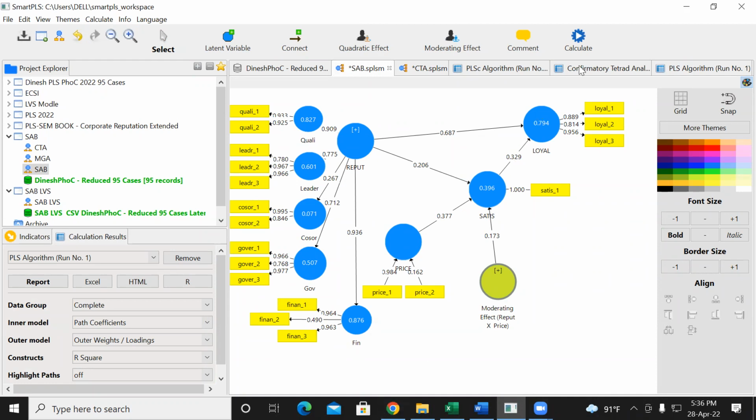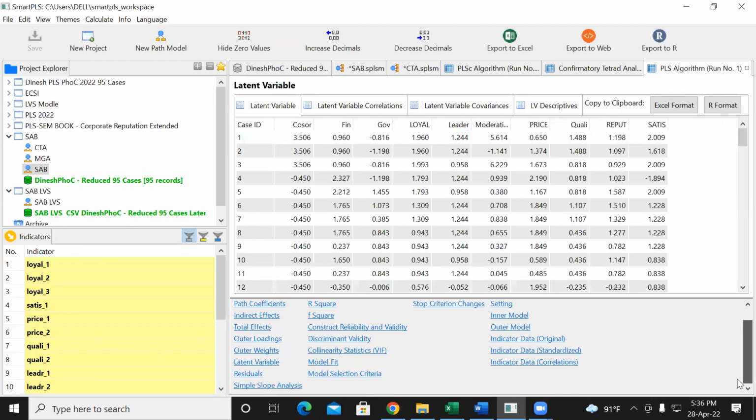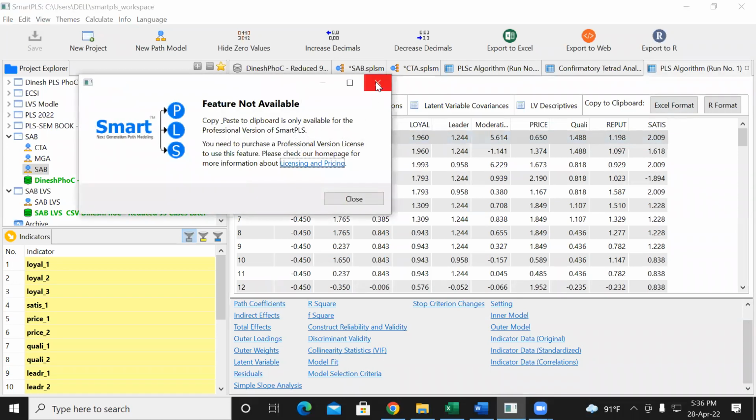I can get these variables. It is a somewhat complex part. Latent variables. These new latent variables I can save as an Excel file again. As an Excel file here I can't because of the student version.